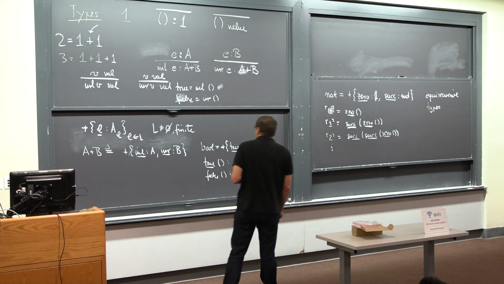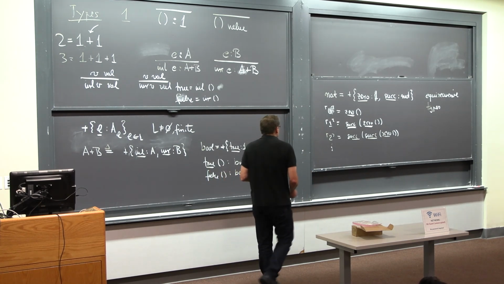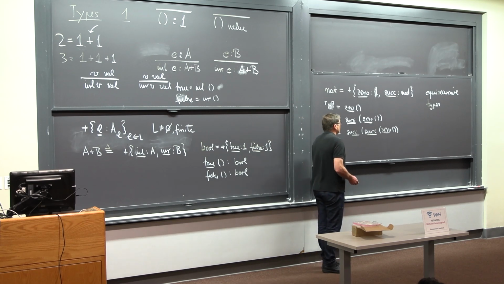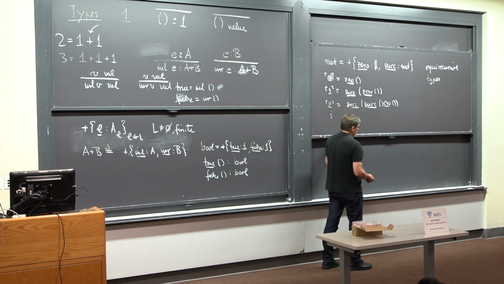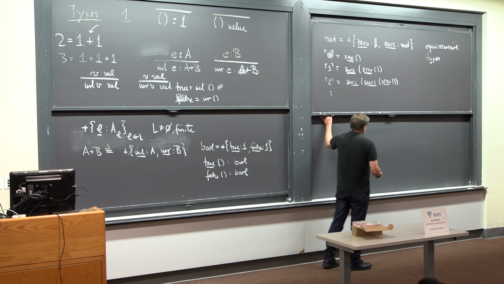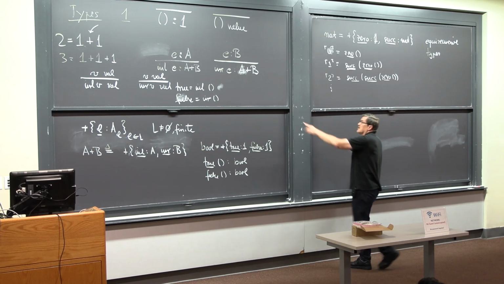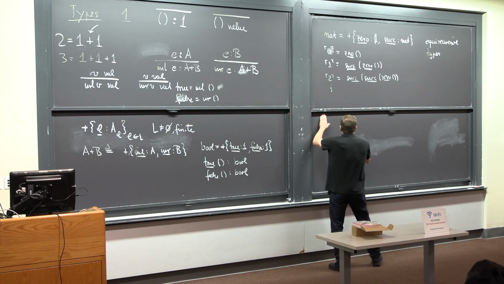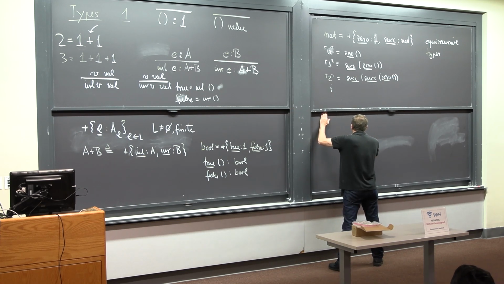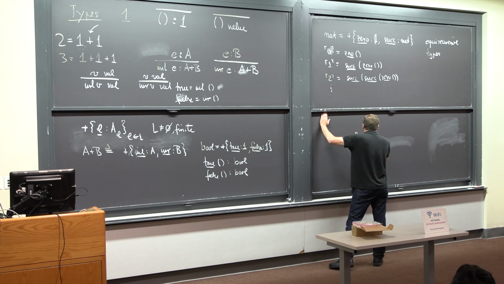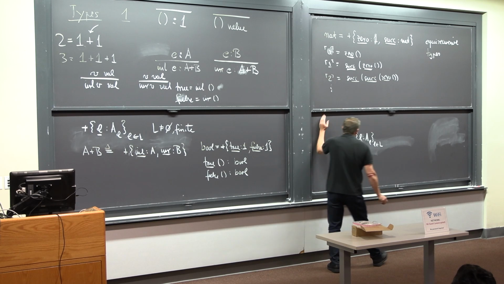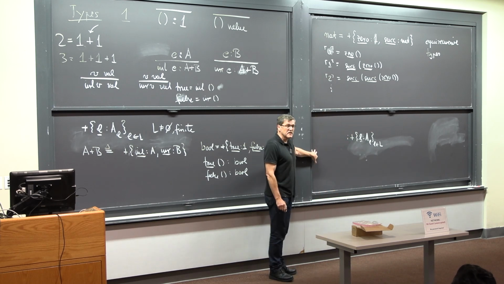Now we need typing rules for this construct, for the plus. Something has type plus of l colon A_l, where l is from some index set. What does it have to look like?